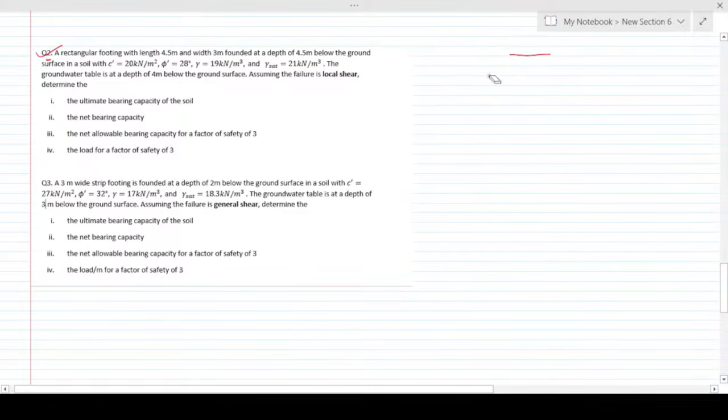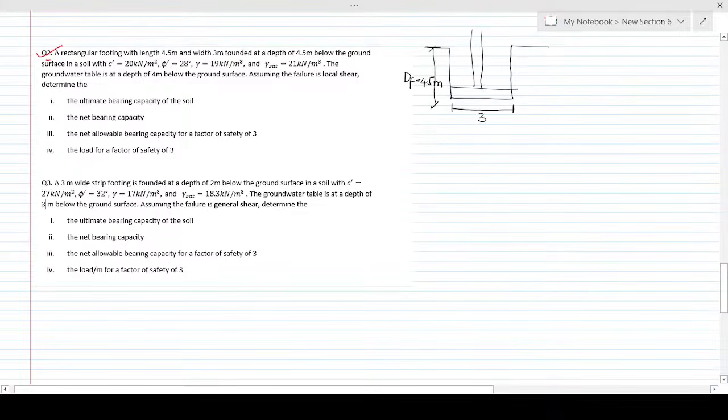So the depth is 4.5 meters. The width of this foundation is 3.